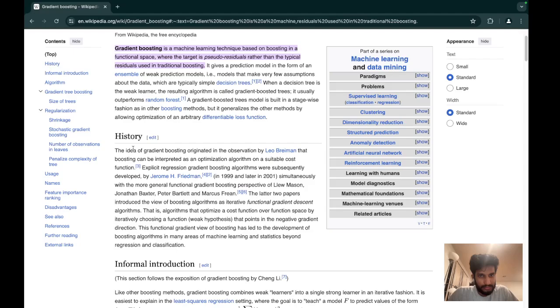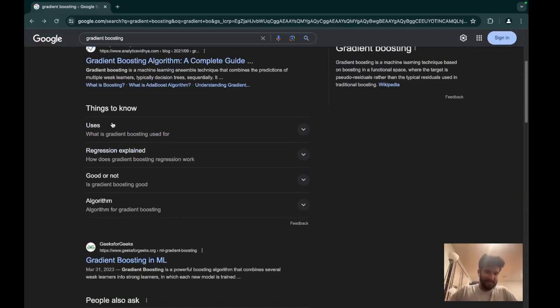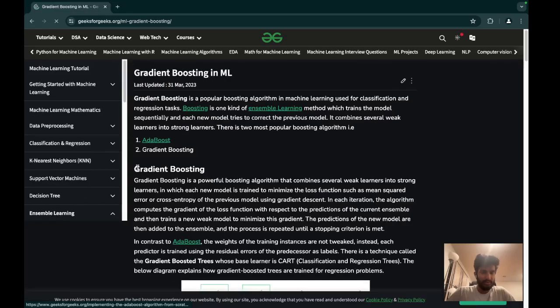When a decision tree is weaker, yeah, it's like the next level of ensemble models.